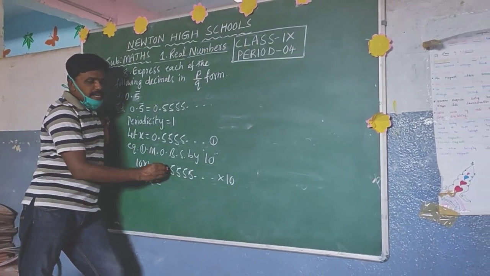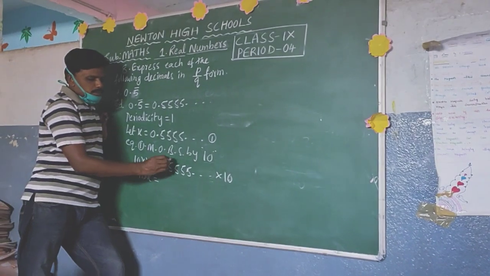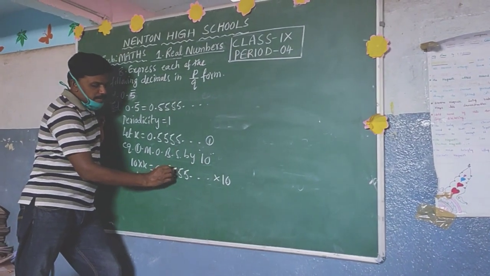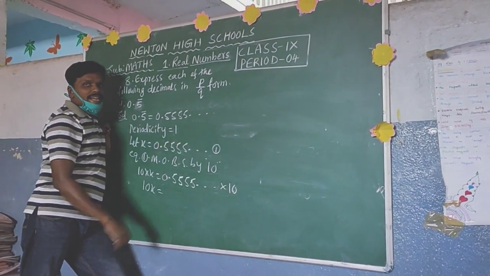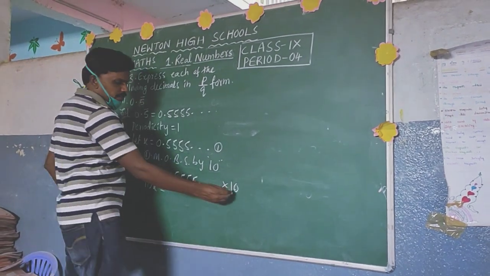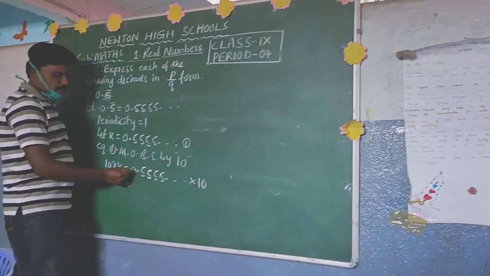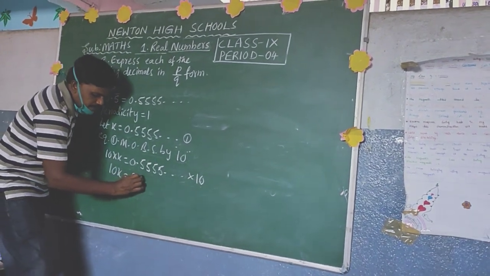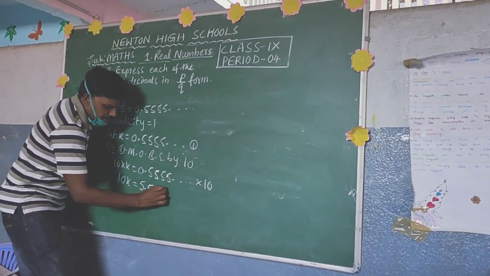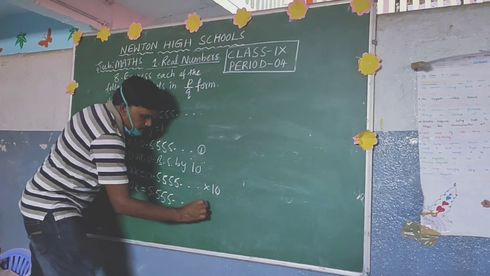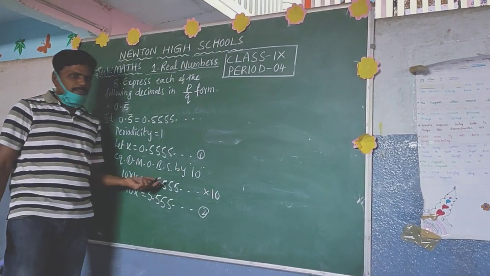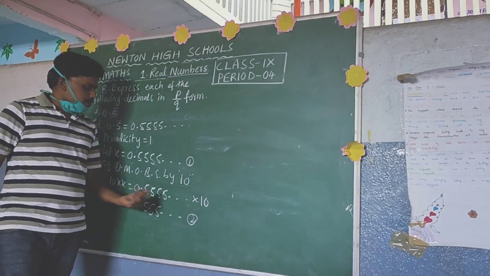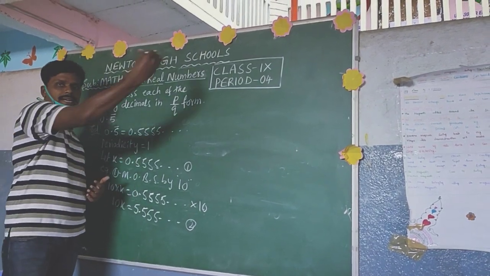When you multiply a decimal number with 10, the decimal point moves to the right side, coming after one digit. So what do we get here? 5.555. Once again, when you multiply a decimal number with 10 or multiples of 10, the decimal point moves to the right.